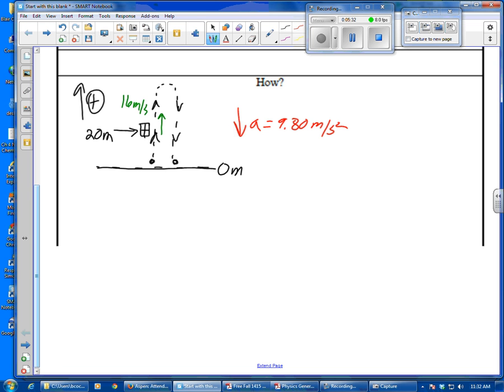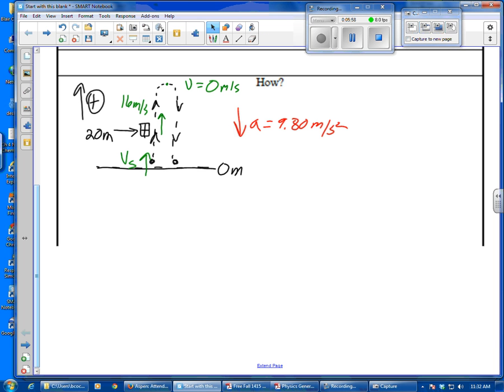And up top here, I know it's not moving. V equals 0. Let's call the velocity at the start V sub s. Is that okay?